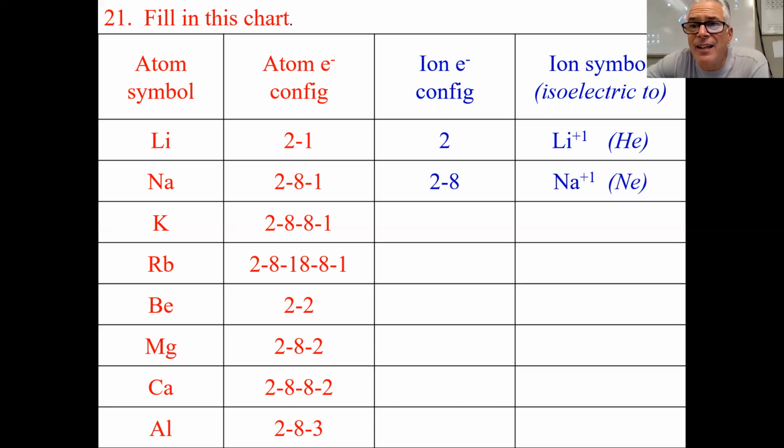Potassium is element number 19. Put your finger in the box. K for potassium. When you write a letter like that, that means the pitcher struck out the batter. A K. K stands for potassium. It's got 19 electrons, 2-8-8-1. It's a metal. It's going to lose electrons to become isoelectronic to a noble gas. How many electrons does it lose? Bada bing, just 1. 2-8-8. It loses 1 electron.